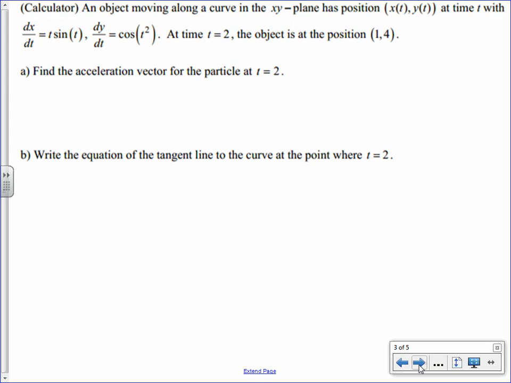I'm giving you time to write down the equations and the initial condition, if you so choose to write these down and do the example with us. Take your acceleration now. We have to plug into the derivative formula. That's gonna be nasty.